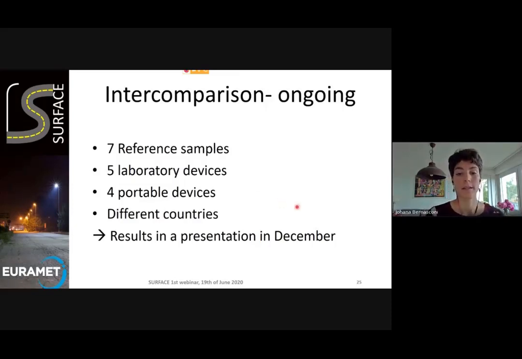The results will also be presented in another presentation in December because the travel of the samples was a bit complicated due to COVID, and some of the laboratories were closed during this period of time. But it will come in December.